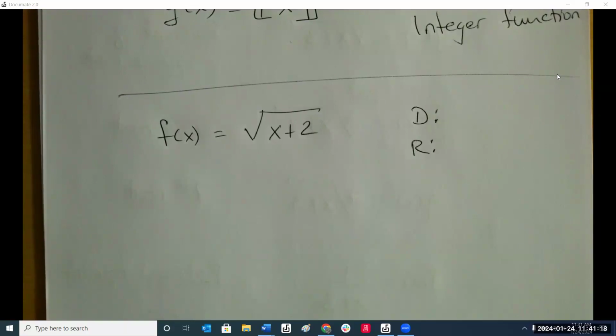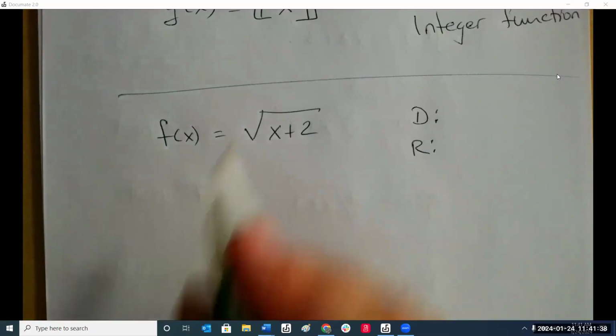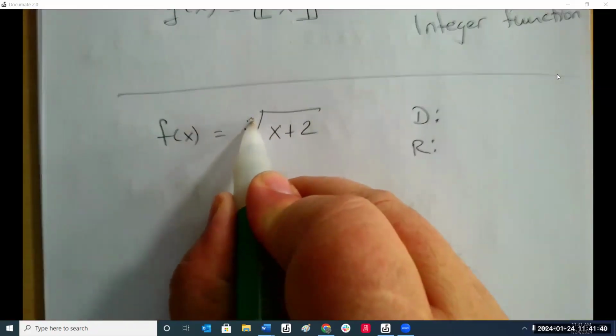Before we go on to figure out domain and ranges, we have to understand what this function is. What is that function? It's a radical. It's a square root. What does square root mean? Remember, there's an invisible 2 there.